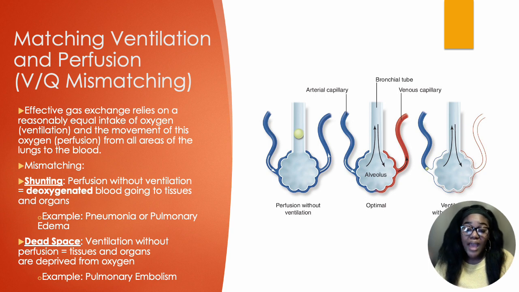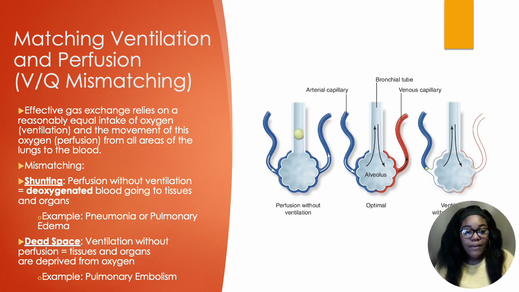So a lot of pathophysiology is talking about what is going wrong with the body. So again, we are talking about the alterations with perfusion in this lecture. So one of the alterations is ventilation and perfusion mismatching, or a VQ mismatch for short.